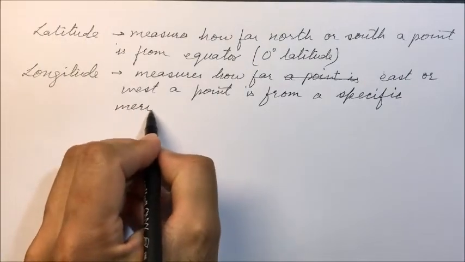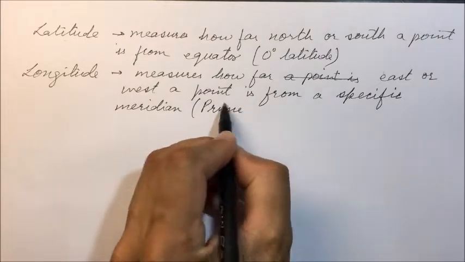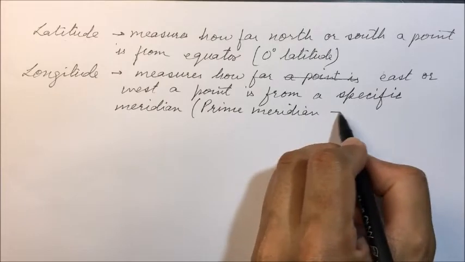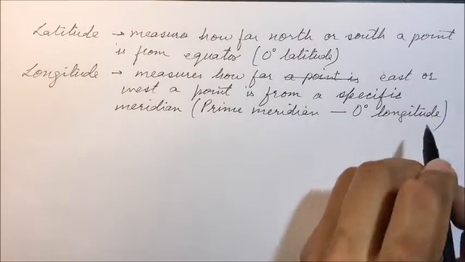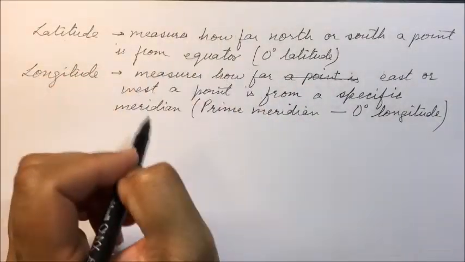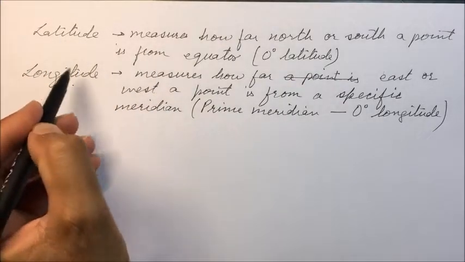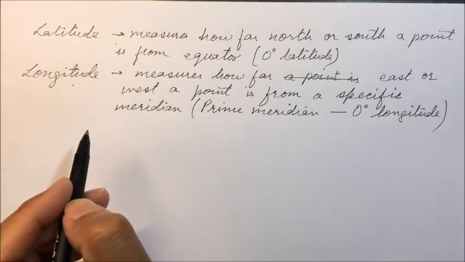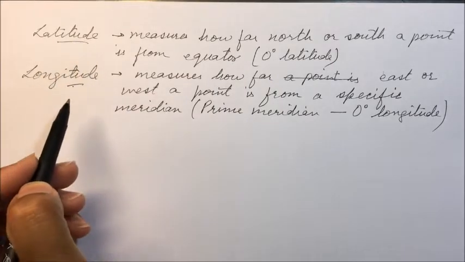That meridian is the prime meridian, having 0 degree longitude. Latitudes and longitudes form imaginary lines on the surface of the earth, and they can be used to measure the precise location of any point on the earth. Any place location we can measure using latitudes and longitudes.